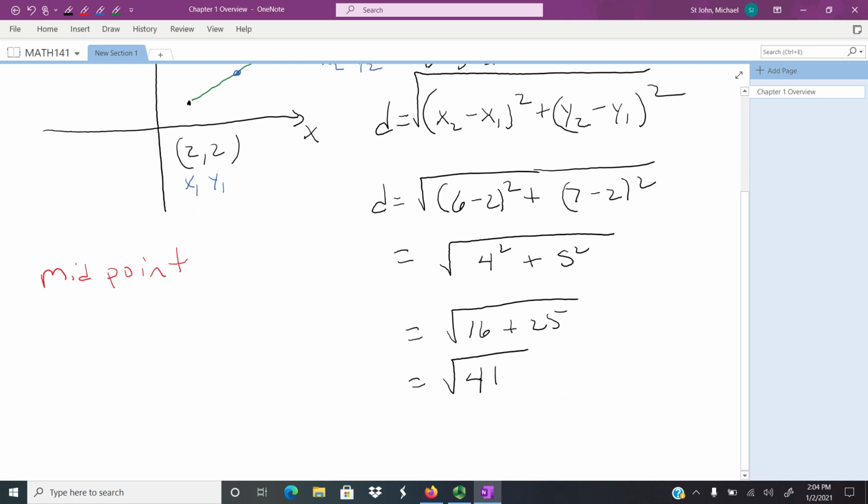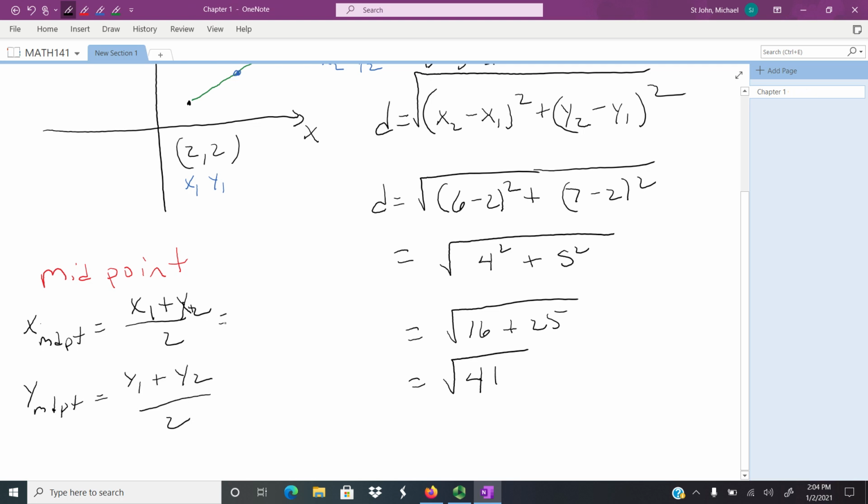So the x midpoint is going to be x1 plus x2, sorry, this should be x1 plus x2, over 2, and then the y midpoint will be y1 plus y2 over 2.